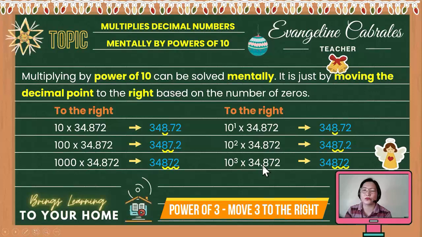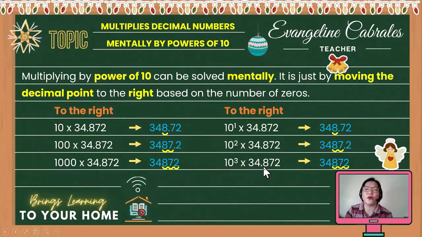So, 10 to the power of 3 times 34 and 872 thousandths equals 34,872. Tatlong beses inuusod ang decimal point, gaya ng sinabi ko kanina, dahil whole number na ito, hindi na kailangang ilagay ang decimal point dahil siya ay nasa dulo ng whole number.